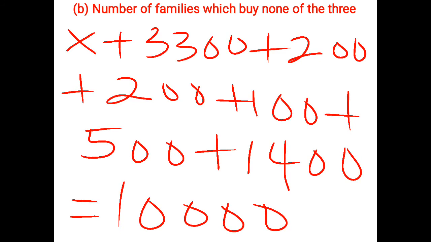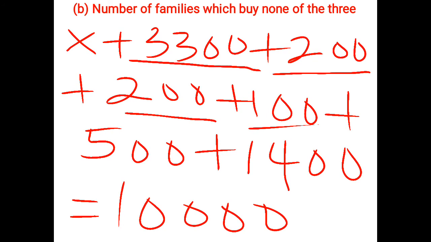All right, so if I add the whole of these things, 3,300 to 200 to another 200 to 100 to 500 to 1,400, that should give me 6,000.